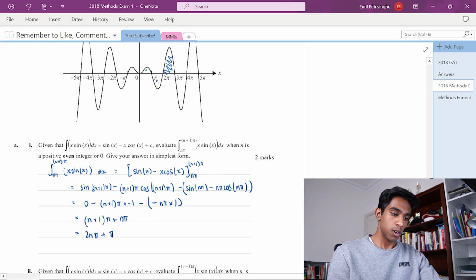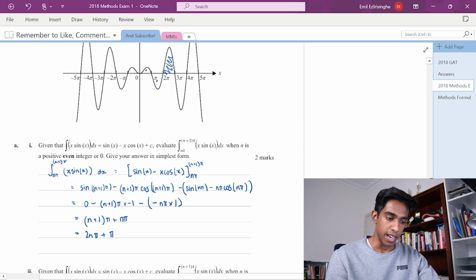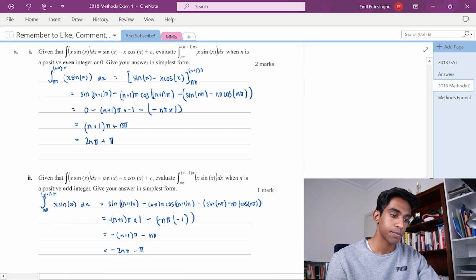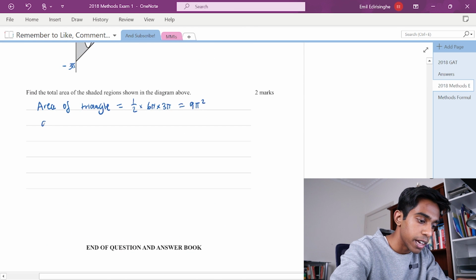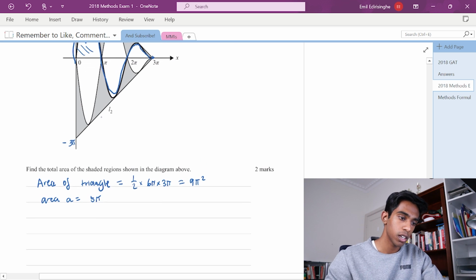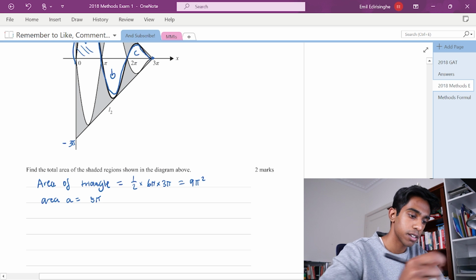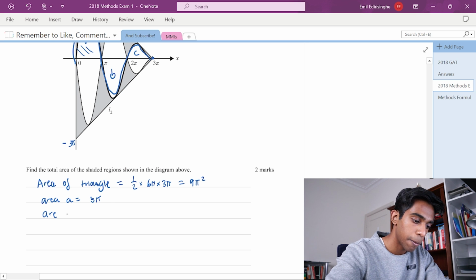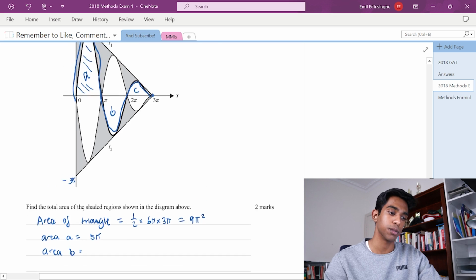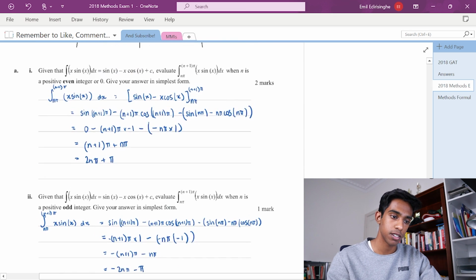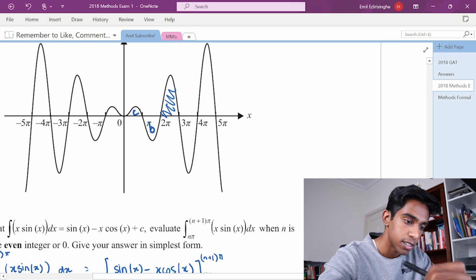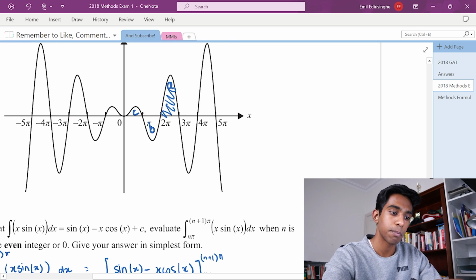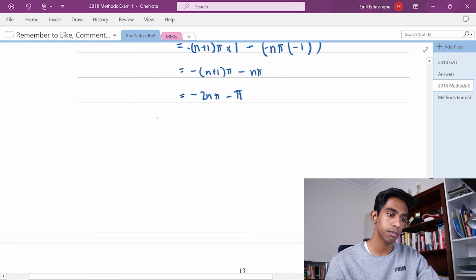So when the positive even integer is 2 pi, then we're going to get 4 pi plus pi, which is going to be 5 pi. So area A is 5 pi. Let's call this area B. Let's call this area C. Area B is going to equal, and this is the odd one, so this is going to be area B, this is going to be area C, this is going to be area A. This is from pi to 2 pi, so we're using the odd part.